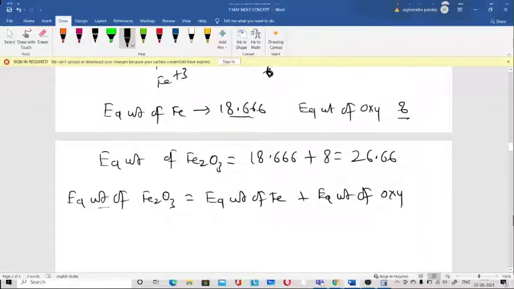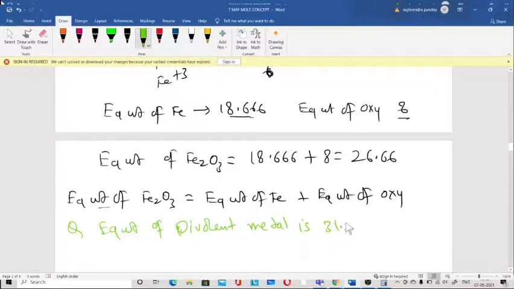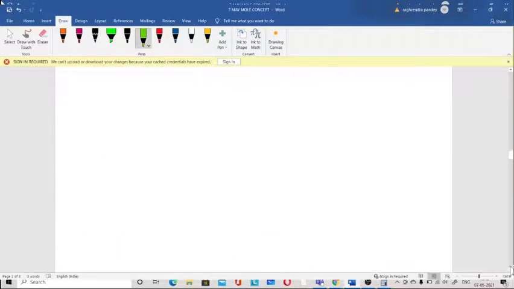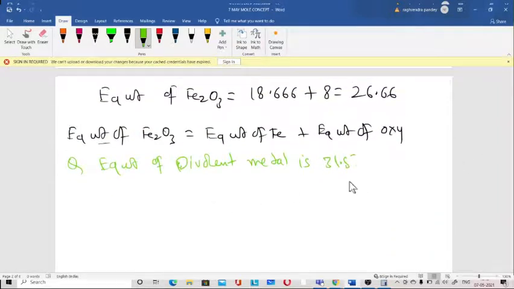Now let's take one of the questions. The equivalent weight of a divalent metal is 31.5.